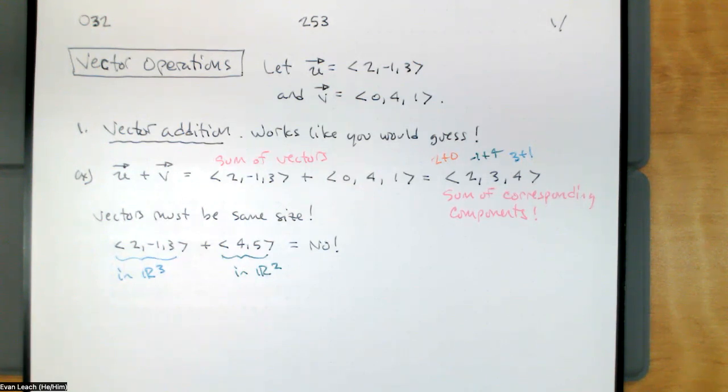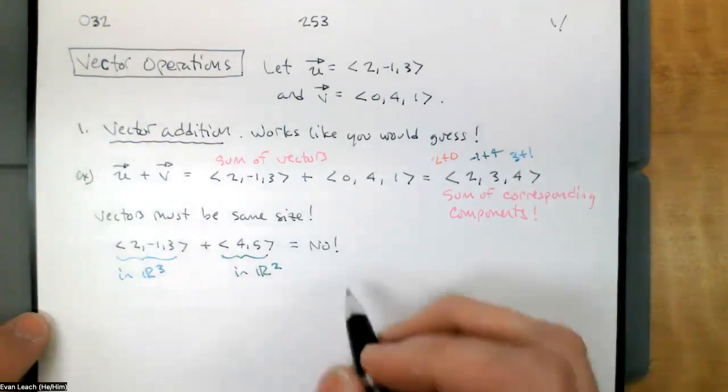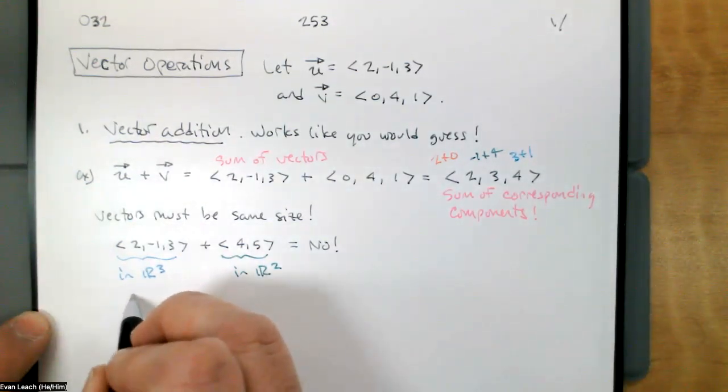We could say that R2 is isomorphic to a subspace of R3. And we could even use the XY plane to model that. But that is definitely not the same as R2 being a subset of R3. If you are in R2, you are not also in R3. So R2 is not a subset of R3.